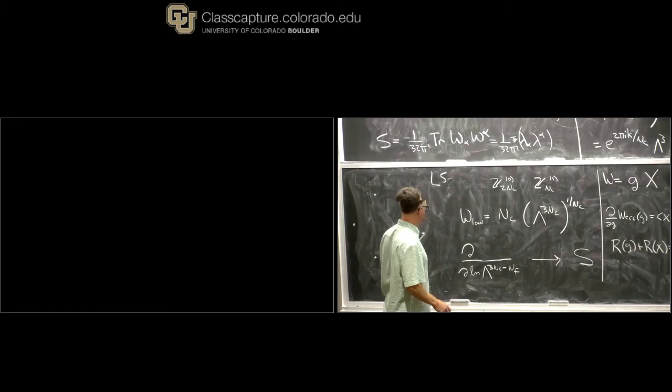Just to give an example, if we look at the case where NF equals NC, then we have Q with a flavor index and a color index. And we could just contract the flavor and color indices with epsilon tensors, which is like taking the determinant of that matrix. And so this is the operator that we'll call B. And there's a similar operator called B tilde involving Q tilde.